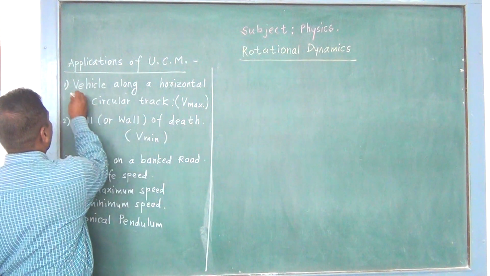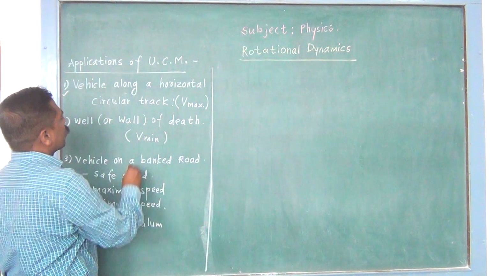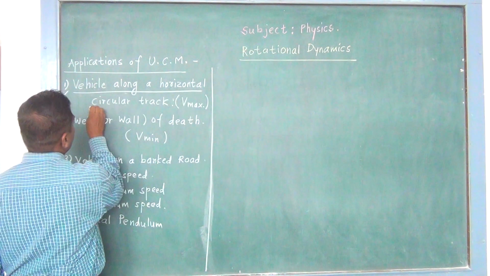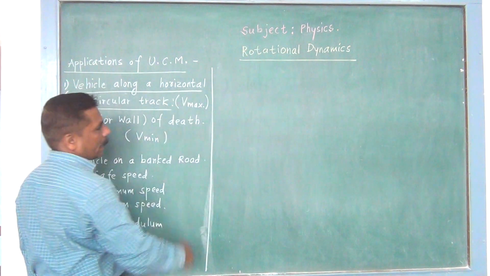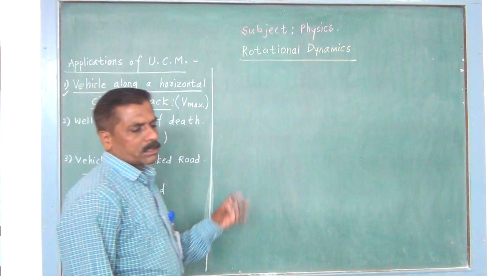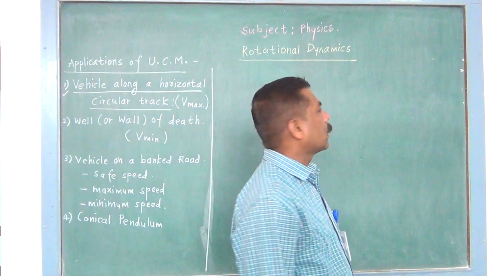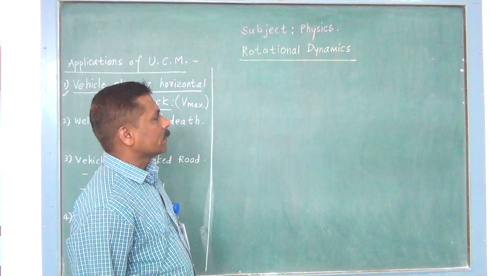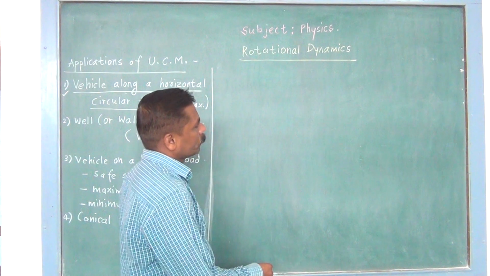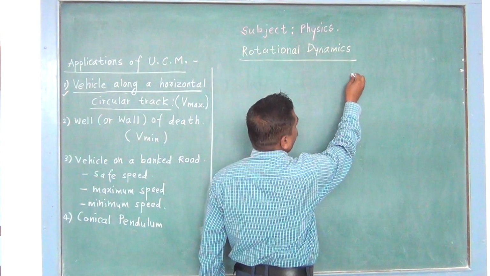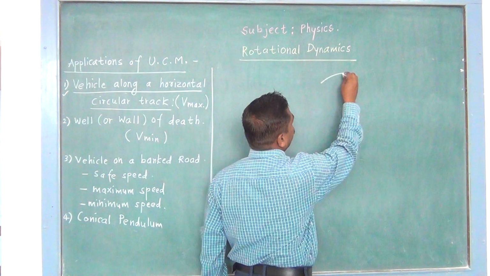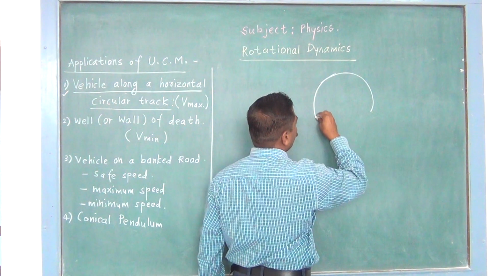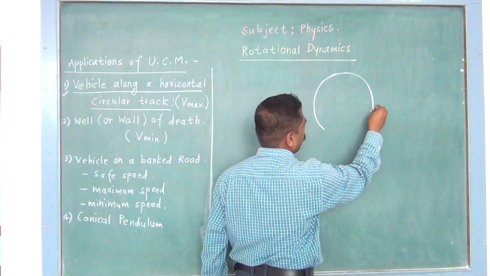So I want to explain the first application, that is a vehicle along the horizontal circular track. For this application, we will form one diagrammatic representation. The diagram is very important. Suppose this is the circular track and a vehicle is moving along this circular track.